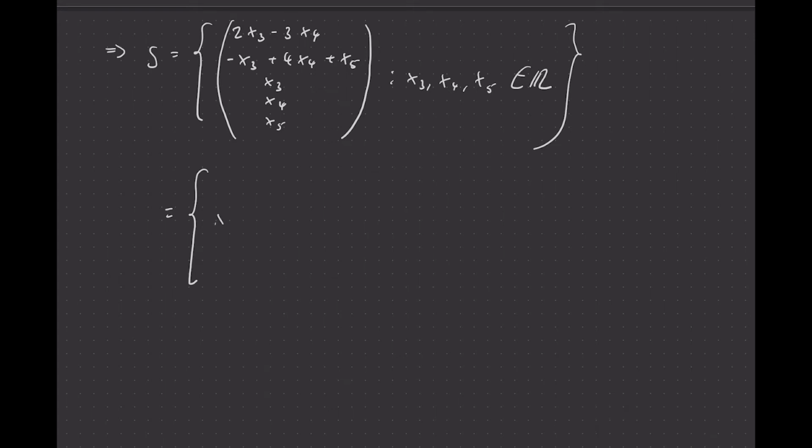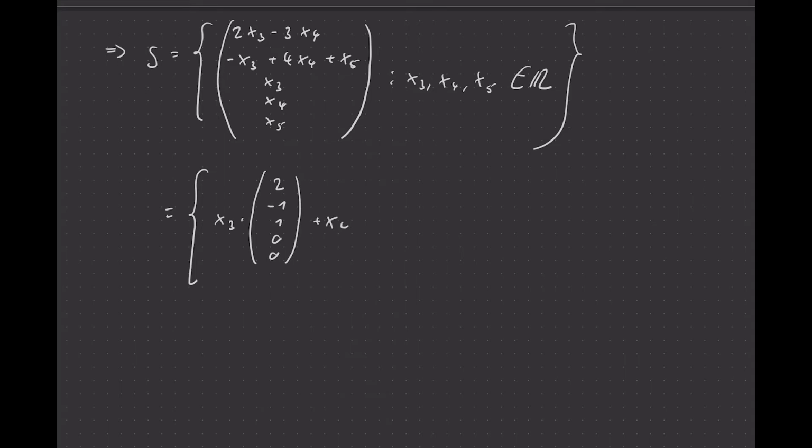So we collect all x3s in one vector. And here we have a 2 here, a -1 here, and a 1 here. And no x3 in the remaining 2 rows. So this is 2, -1, 1, and 2 zeros.